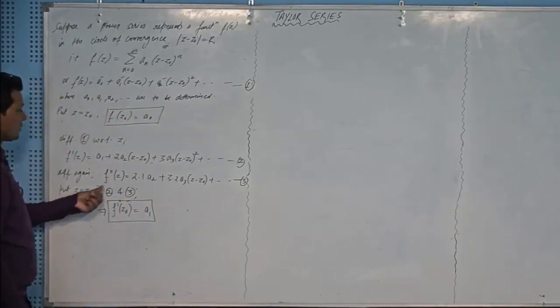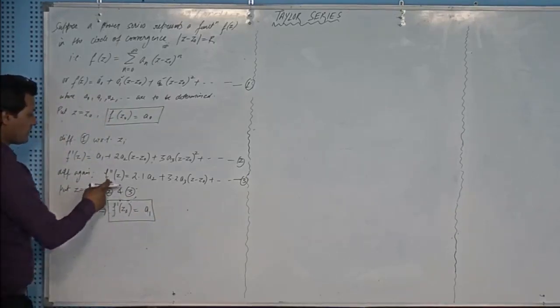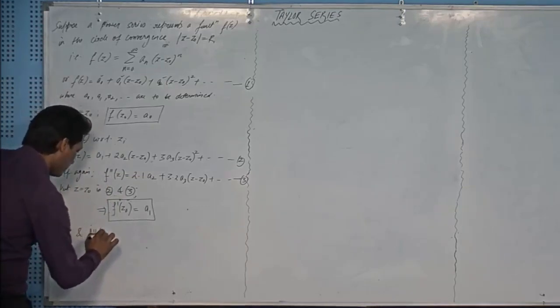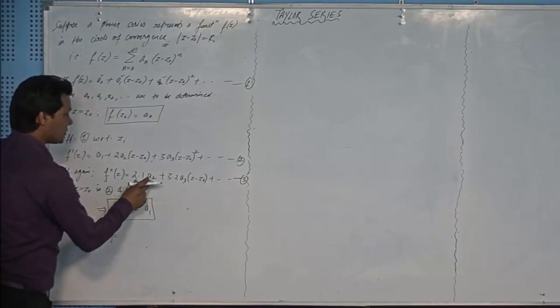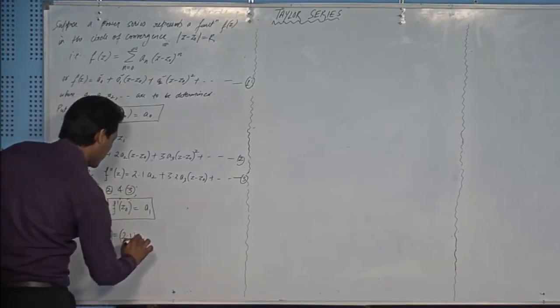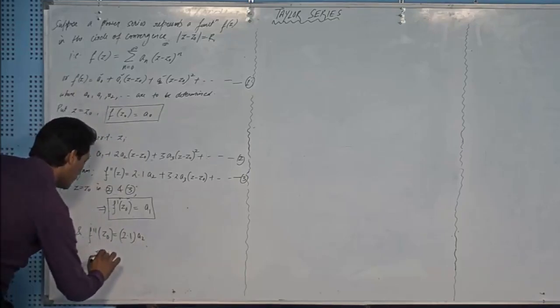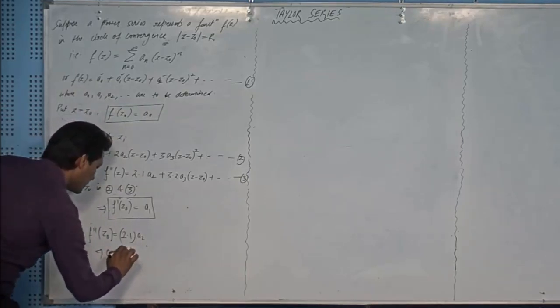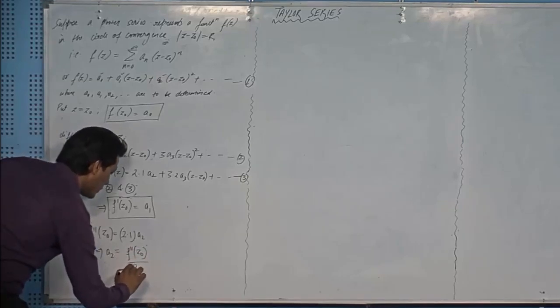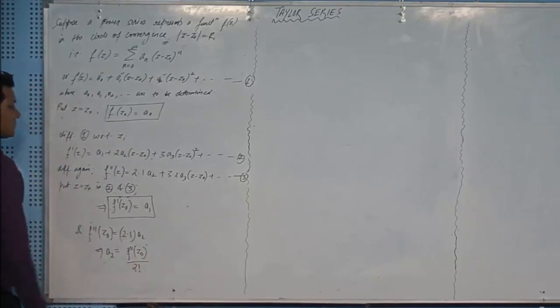And putting z equal to z0 in this third equation, I will get f''(z0) equal to 2 times 1 a2, right? And from here a2 can be obtained as f''(z0) over 2·1, that will be 2 factorial.